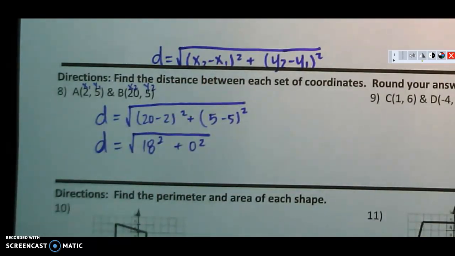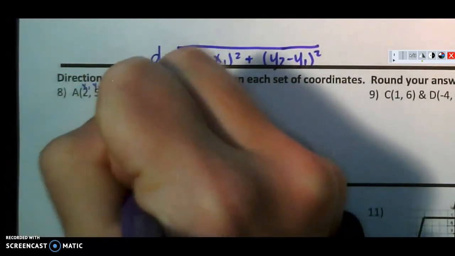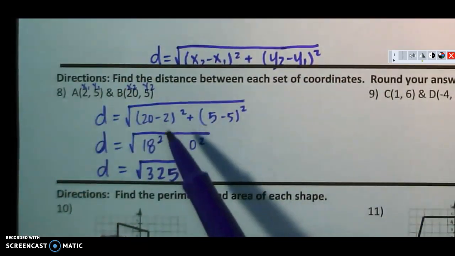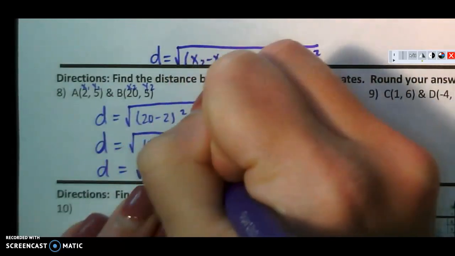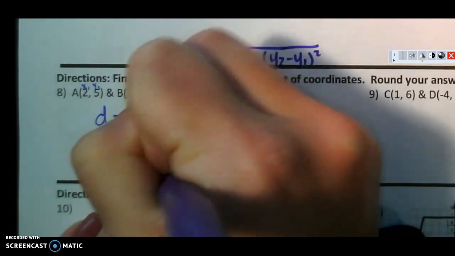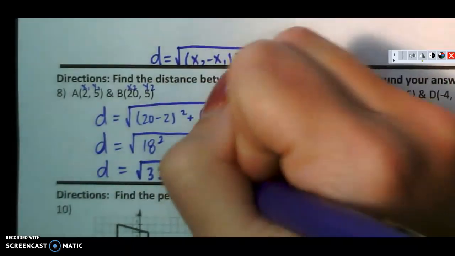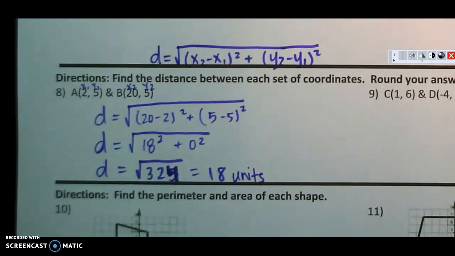Okay, 18 squared is 324. And essentially, if we were square rooting a square, the square root of this would just be 18 itself. Sorry, that's a 4. 324. Okay, and you could always double check on the calculator if you needed to. All right. I don't know what the units are, so I'll just attach units to the side.